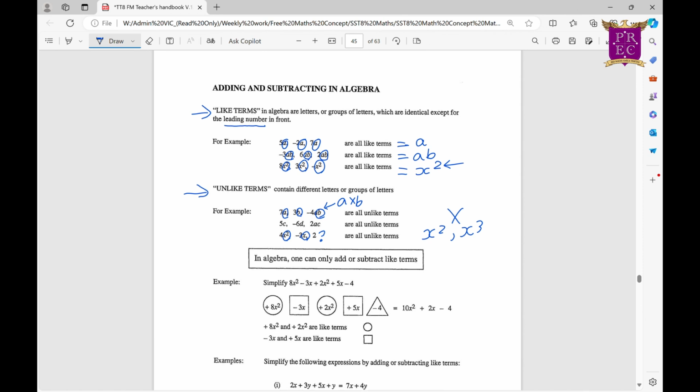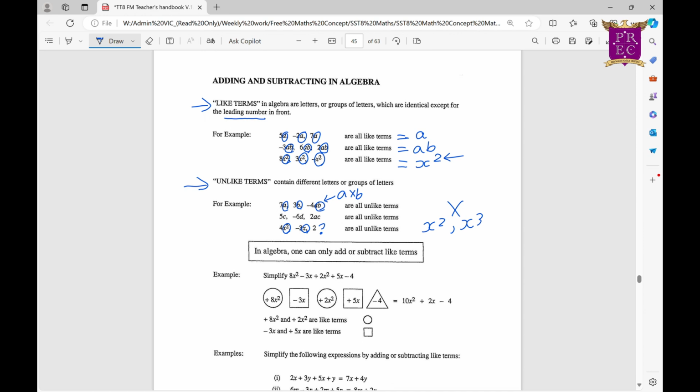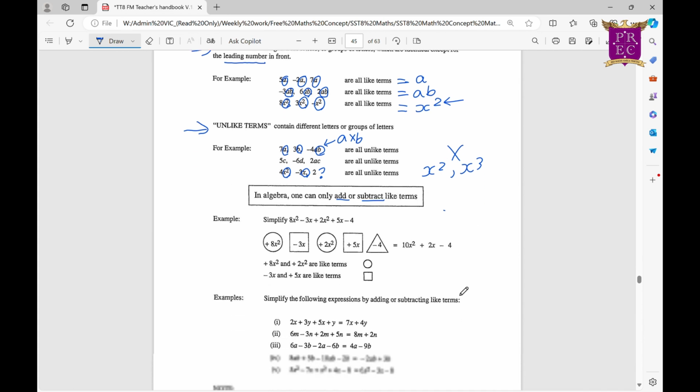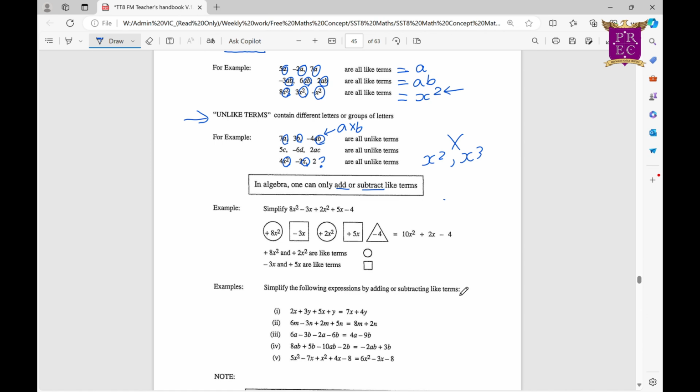And so once you learn how to distinguish these two categories, you'll note that in algebra, you can only add or subtract like terms. That involves a method of grouping that is shown below, so we'll go through it together. It's asking you to simplify this equation.